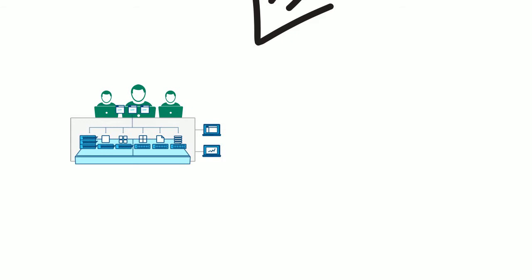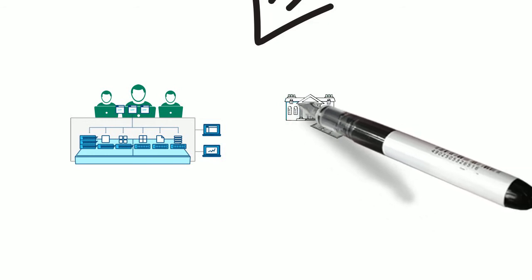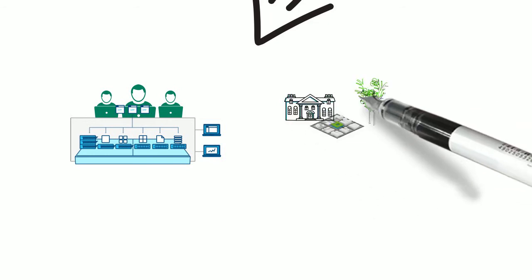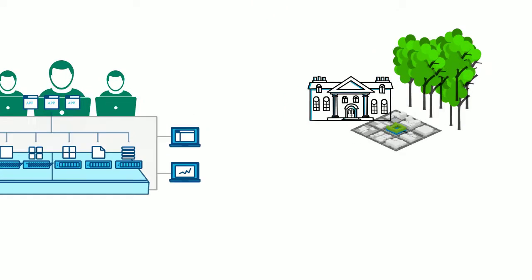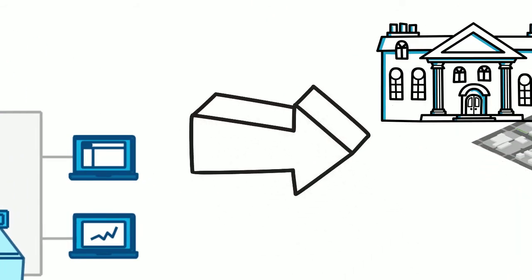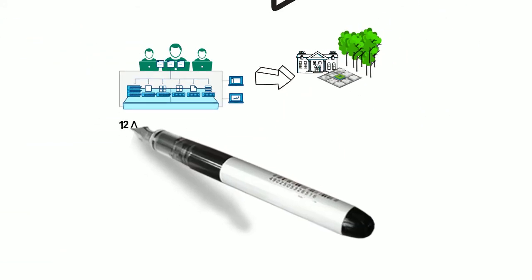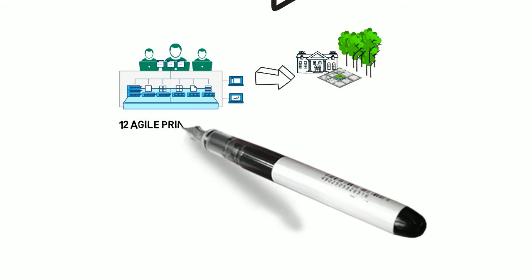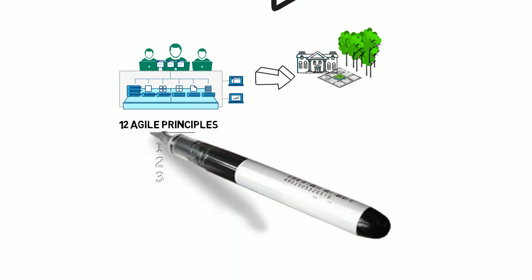When we examined the literature, there is a whole bunch of it in the software development domain. We realized that there is a lot of stuff that we can learn from. So we asked the question, can we translate the best practices that software developers follow, like the 12 agile principles that are written in the Agile Manifesto, into something that is usable in urban development?